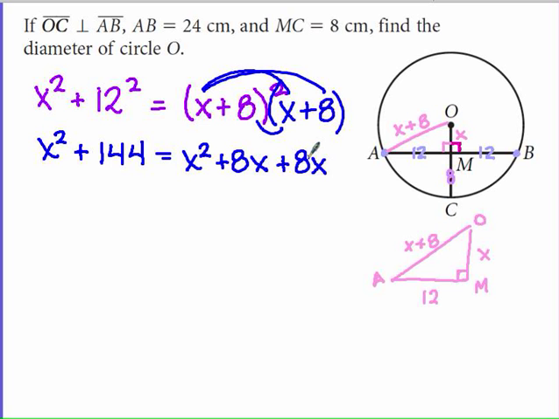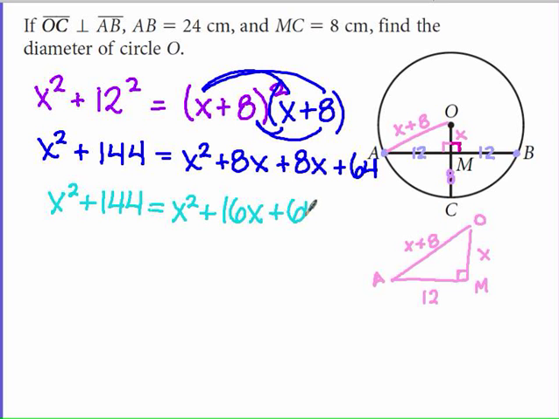And then 8 times 8, I get 64. So now what I need to do is combine like terms if I can. And so I still have my x squared plus 144 equals x squared plus 16x plus 64.